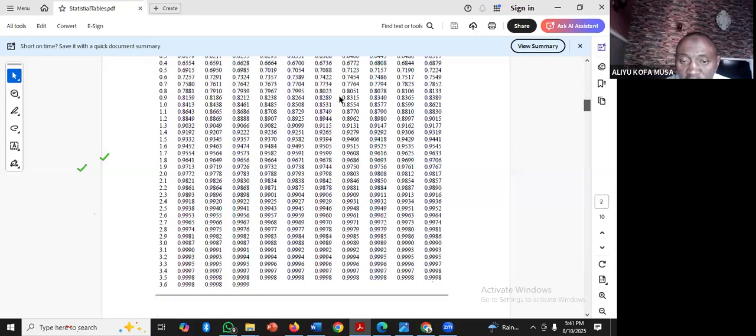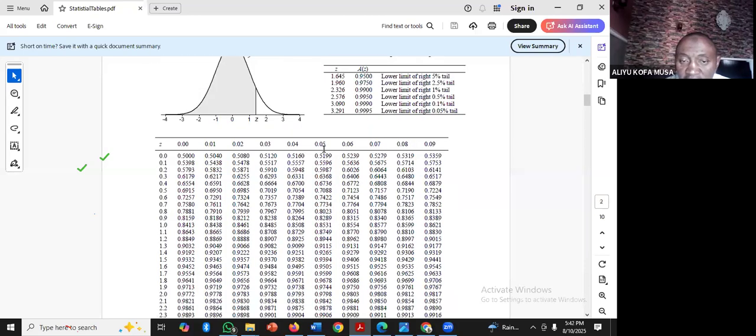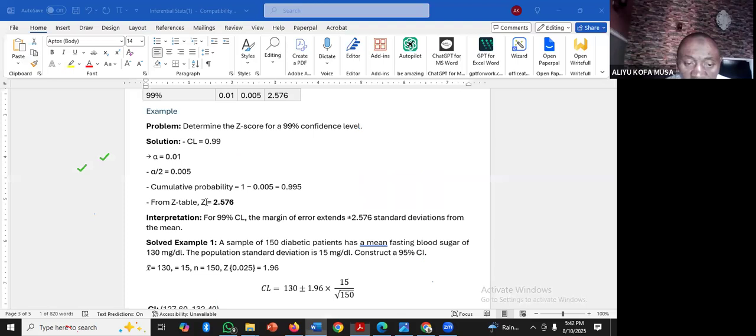For 0.995, the value that we calculated here, this is the value. Now, from the Z table, the value is what? 2.576.